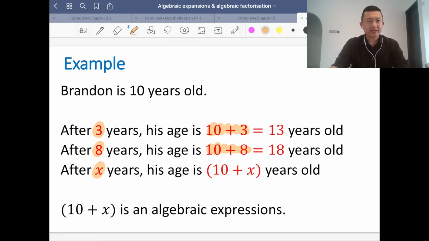We do not know how many years, but X, an unknown. Then you have to use 10 plus X to represent the situation after X years. So you have a variable, you have a number, you have an operator. This is an example of algebraic expressions.